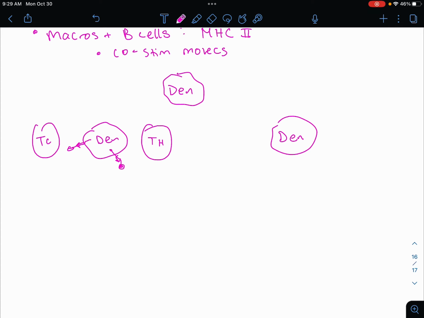Whereas maybe it took in something or phagocytosed a bacteria, so now it's displaying that material. That's going to be the class 2. So this one's class 2, this one's class 1. Class 1, again, it came from the dendritic cell itself. And then class 2, that's going to be from an outside source.